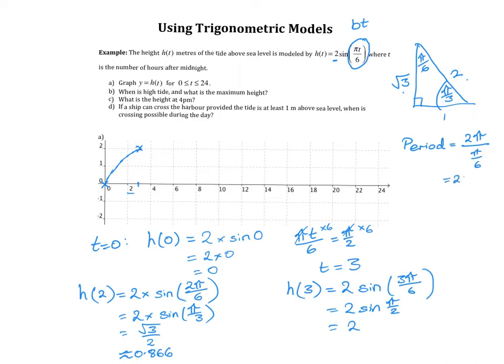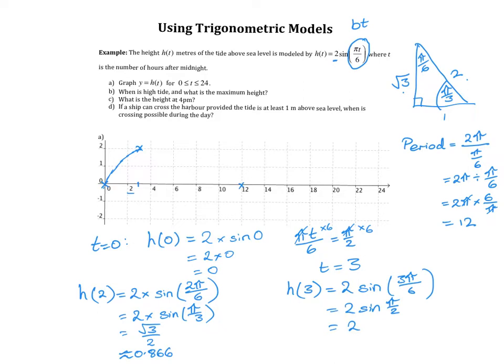So it's 2 pi divided by pi on 6, or in other words, times 6 on pi. Cancel, cancel. That equals 12. So for every 12 units, it should repeat. So with that in mind, I expect after the origin at 0, we should hit the t-axis at 12 and be going upwards.